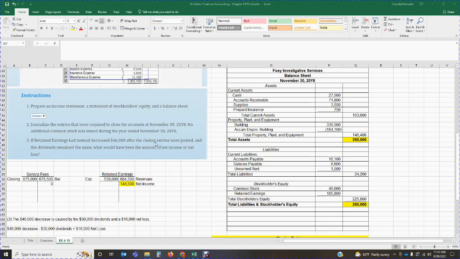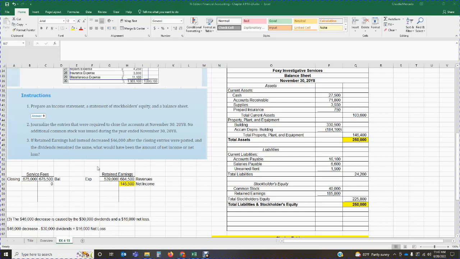So after we posted the closing entries, we had a decrease of $46,000 and dividends stayed the same. So if dividends stayed the same, then I know that I had a $46,000 decrease in my retained earnings caused by $30,000 of a dividends payout. So that means that we had an additional $16,000 decrease due to a net loss.